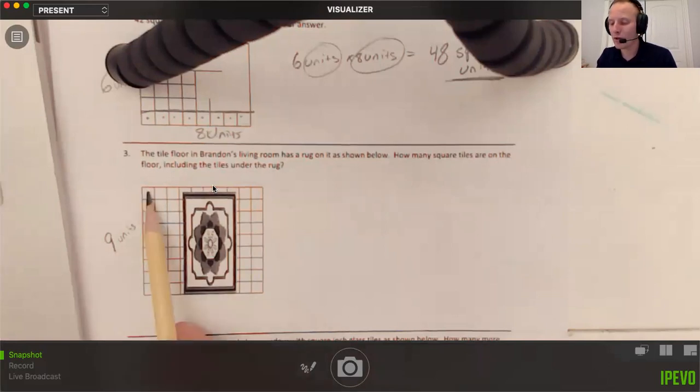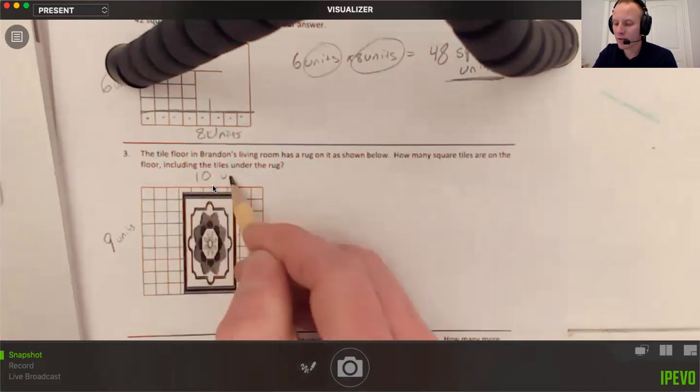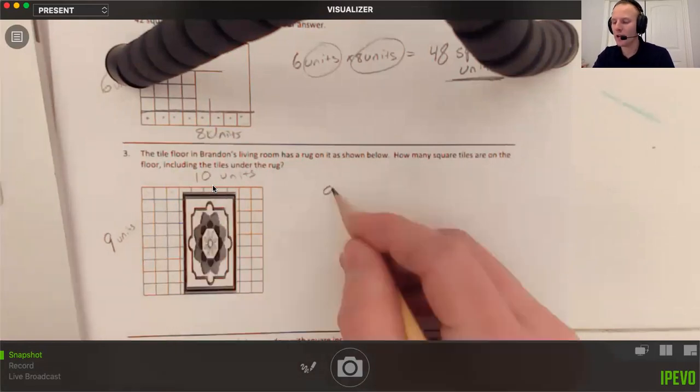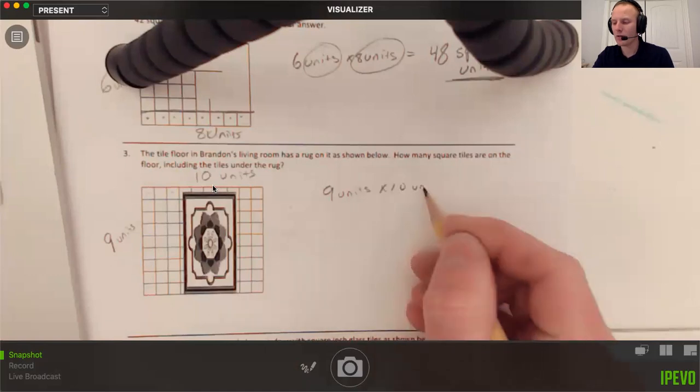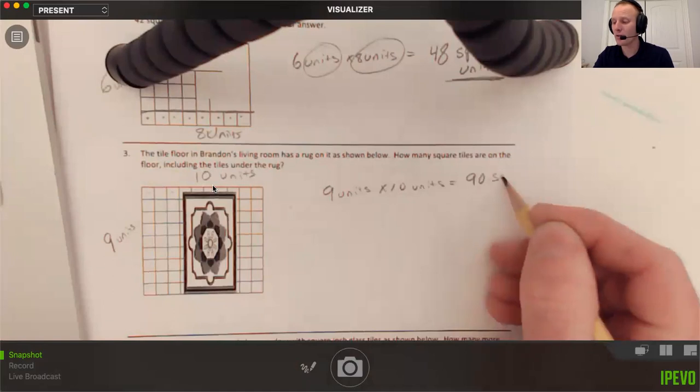And then we go 1, 2, 3, 4, 5, 6, 7, 8, 9, 10. 10 units. Now this was a little bit easier because we could see peeking through there the tops of those tiles, so we can just count. And then we say 9 units times 10 units equals 90 square units.